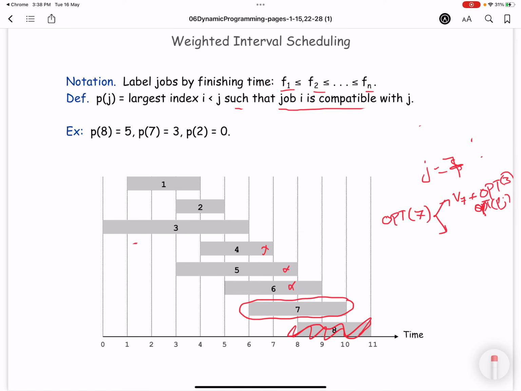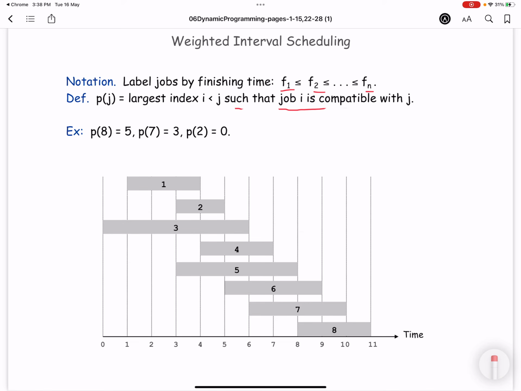But for this example, I need to add some weights. So let's assume the weights are the same as these numbers, for simplicity.